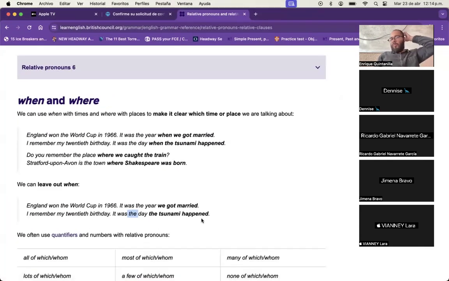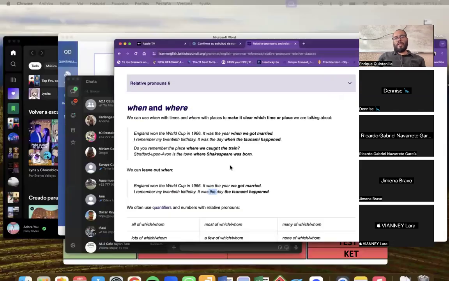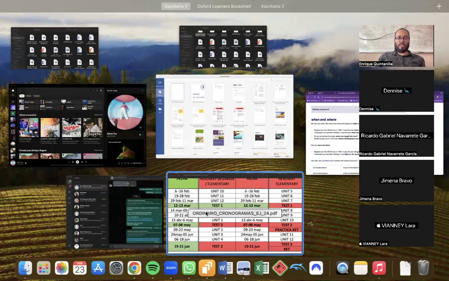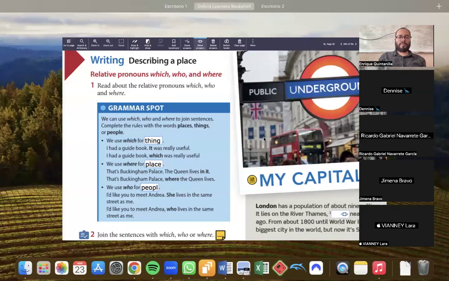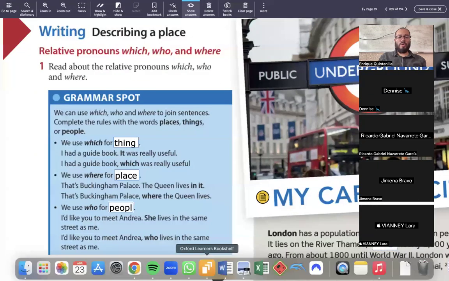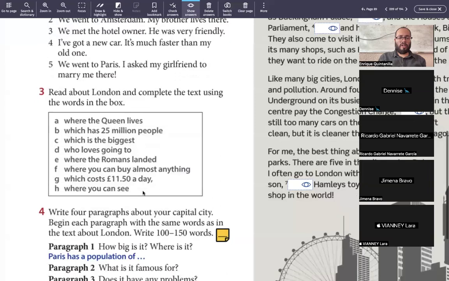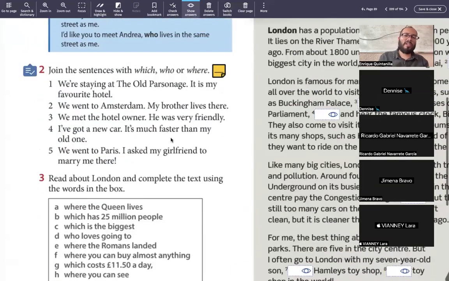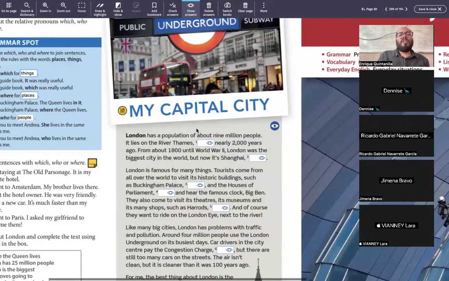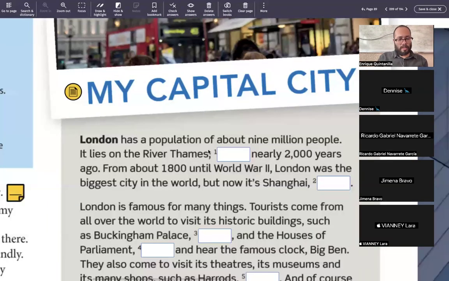Okay, so let's open our books. Please, guys, let's open our books again. We're going to revise homework. Right, we are here on page 98. Vale, primero vamos a leer sin las respuestas, ¿vale?